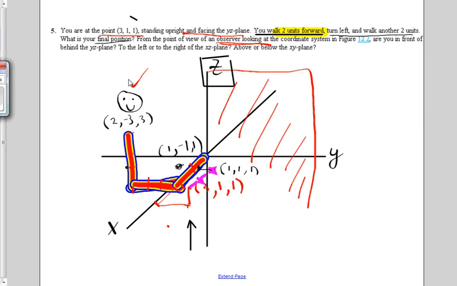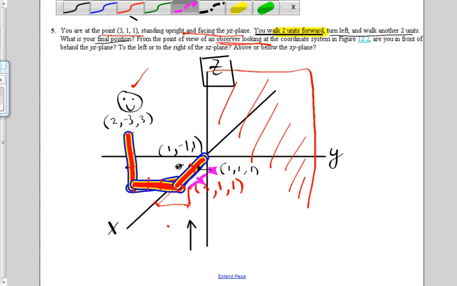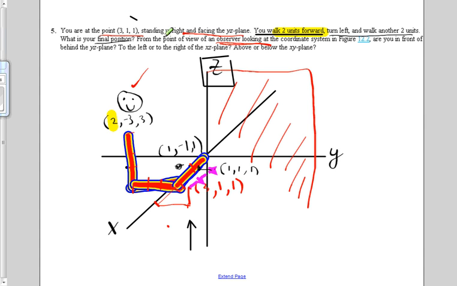Since we're talking about being in front of or behind the YZ plane, we're just talking about the X value. So looking at the observer, my observer had an X value of 2, and my final position had an X value of 1.